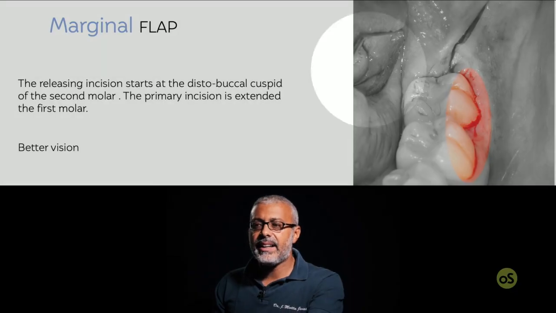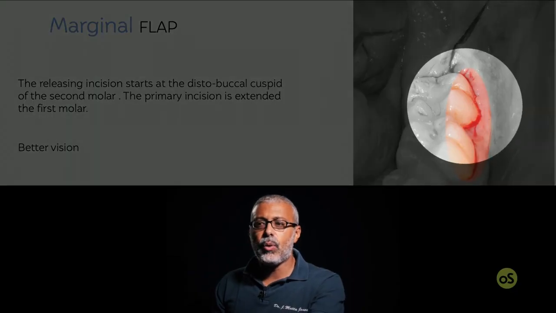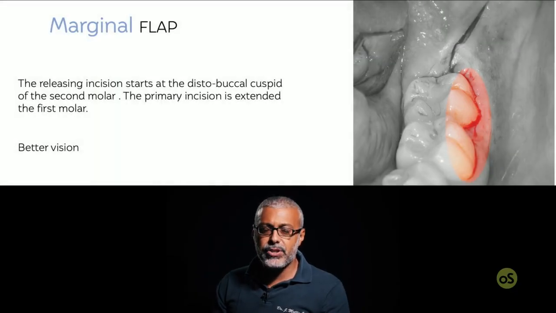And we can decide in this area if we want to do a papilla preservation flap, leaving the cuff of the papilla on the underlying bone, or if we want to involve the papilla in the incision. Obviously, this is a longer incision that will give a better vision to the oral surgeon.